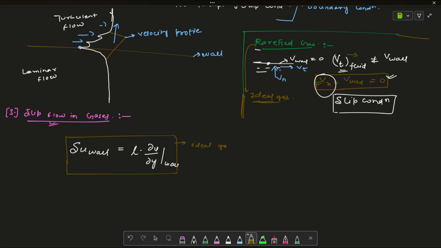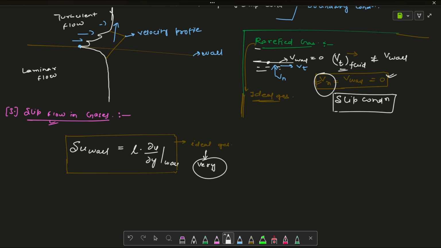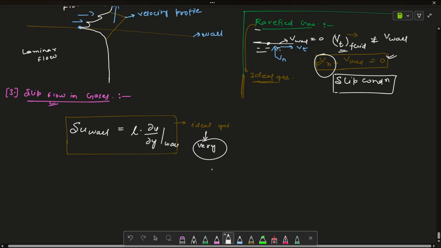Rarefied gases means very low pressure; at low pressure and high temperature we assume gases to be ideal gases, so rarefied gases are very close to ideal gas. So we can use this condition for the tangential velocity.